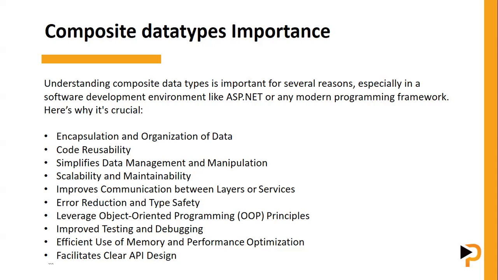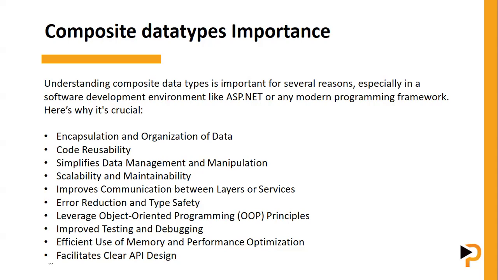Next is efficient use of memory and performance. In scenarios where memory overhead is a concern, using a struct instead of a class for lightweight data structures can reduce memory allocation and improve performance. The whole concept of this section is that you should know which data type and data structure is useful in which scenario, depending on what really matters to you and what your product requirement is.